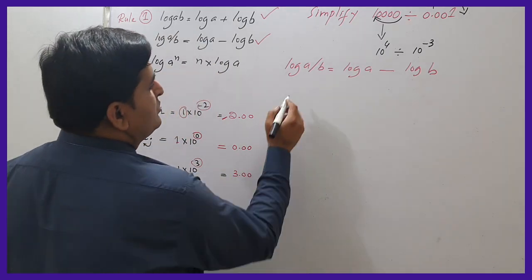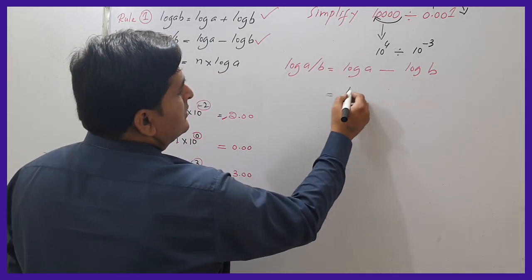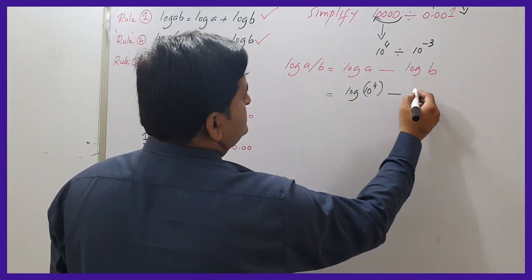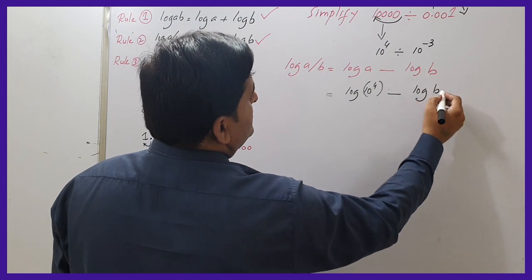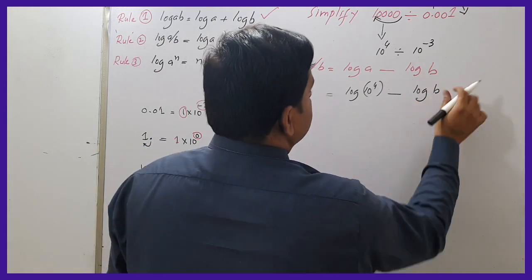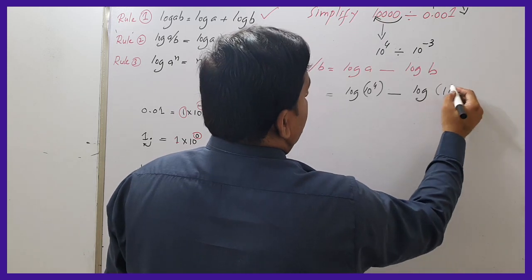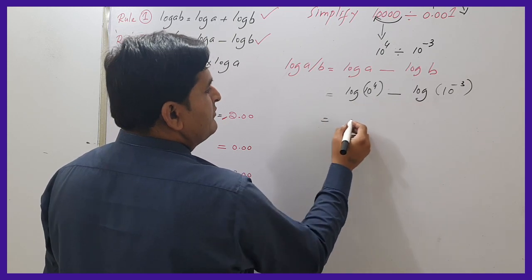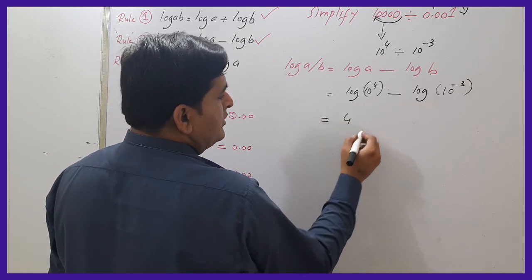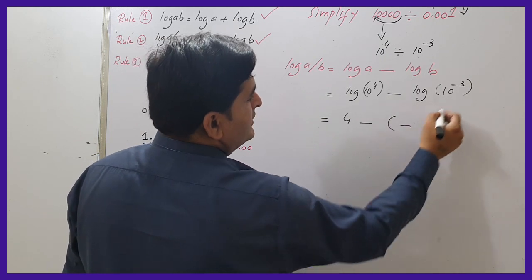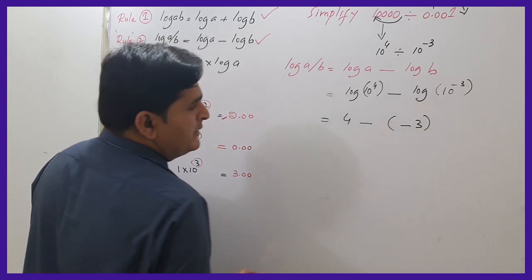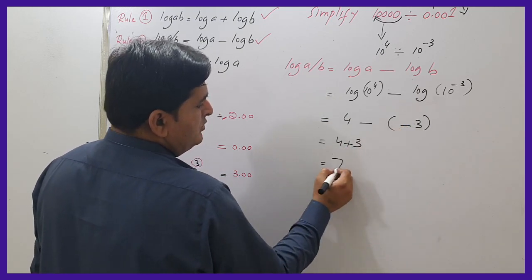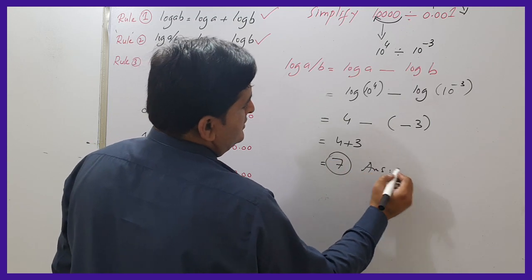So by applying this rule, log a is 10 to power 4, minus log b, which is 10 to power minus 3. So the logarithm will be 4 minus minus 3, so minus into minus is plus, 4 plus 3 is equal to 7. This is the answer.